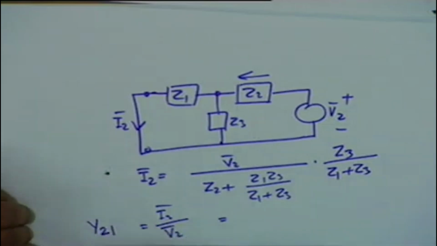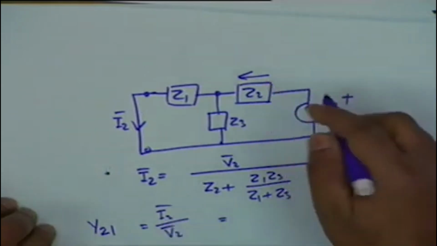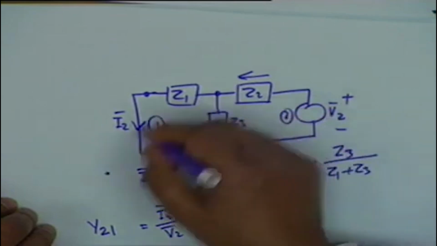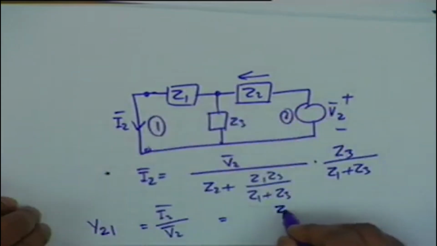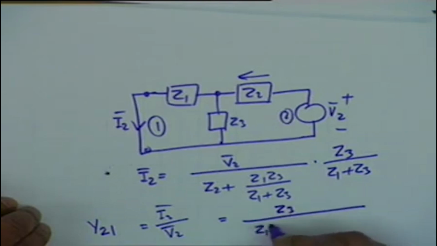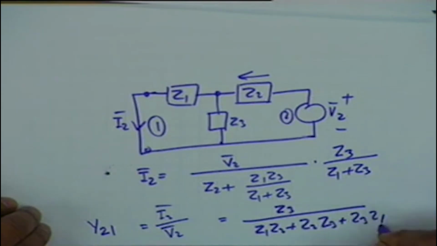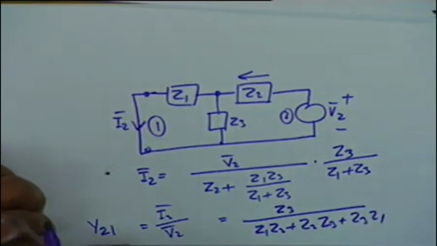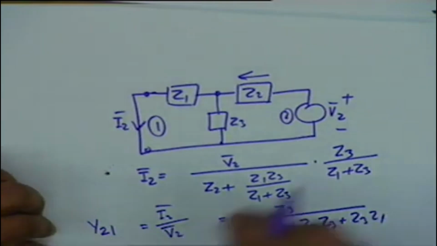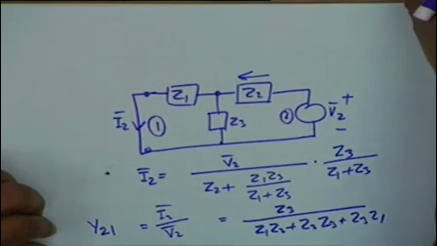Y21. Is that correct? 2 1, yes. The source at port 2 and the response at port 1, and you see that surprisingly this is the same as in the previous case.